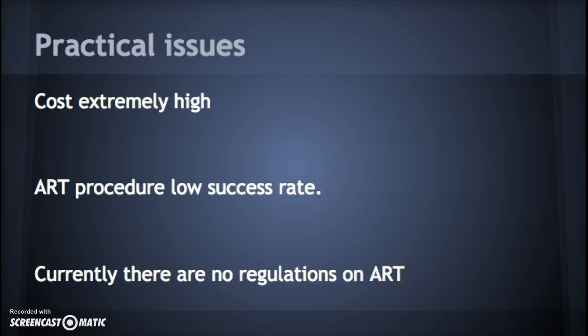Also, there are no current regulations on what is okay and not okay in artificial reproductive technology. This is shown in the example with Octomom, where she put 12 embryos inside her as almost a commercial usage of these embryos as children. I mean, as money makers.